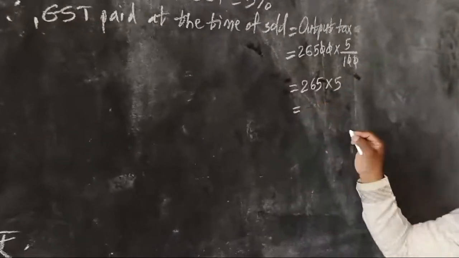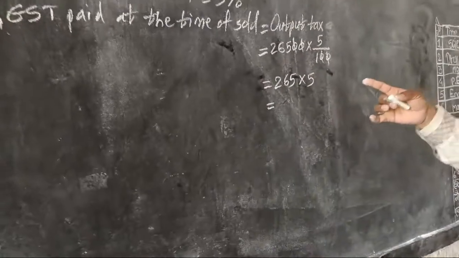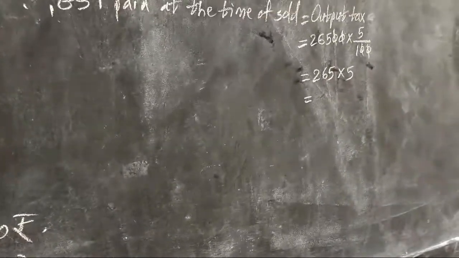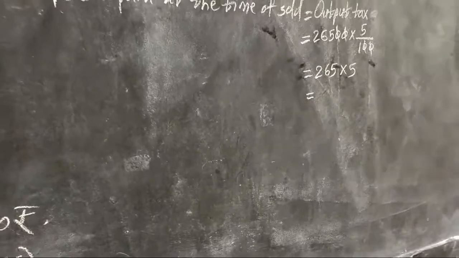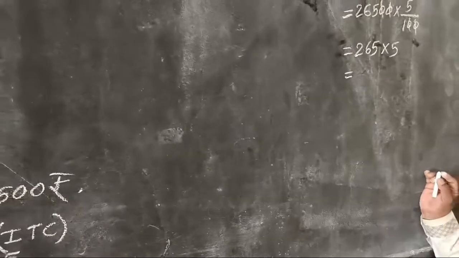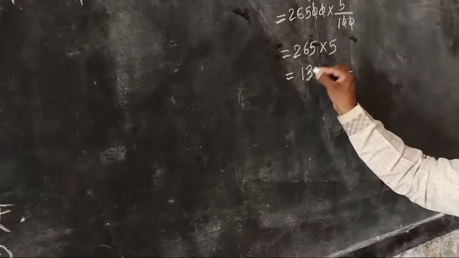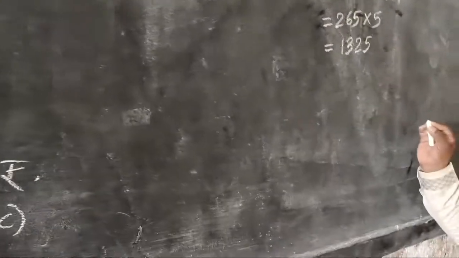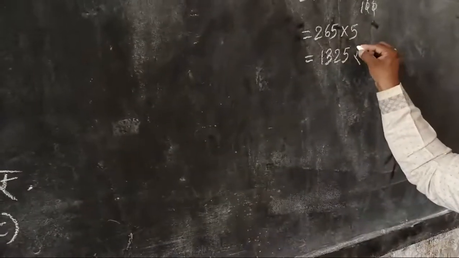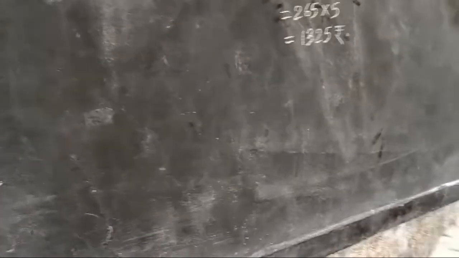Do multiplication. Multiply these two numbers. What is the multiplication? How many students get 1,325? Yes, good. Many students get that answer. And rupees we write here.